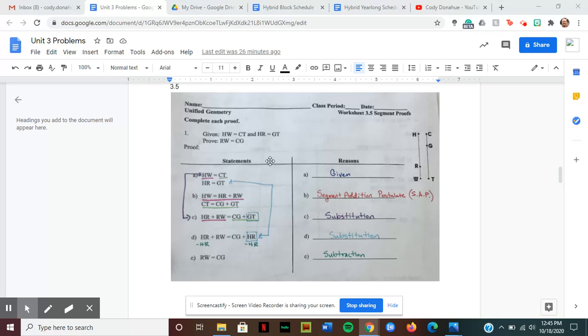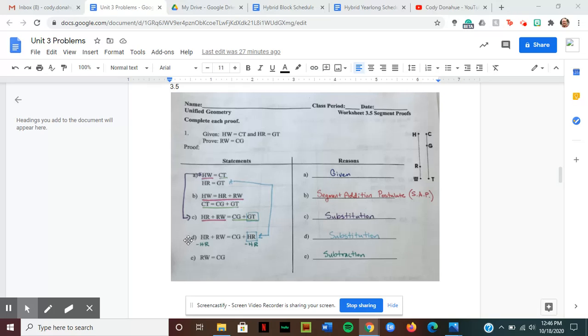So why were they able to make that change? If we go back up to statement A, the second statement says that HR is equal to GT. That tells me that anytime I see HR, I can replace it with GT and vice versa. They had GT and they substituted it with HR. So to get from C to D, I once again use the substitution property.